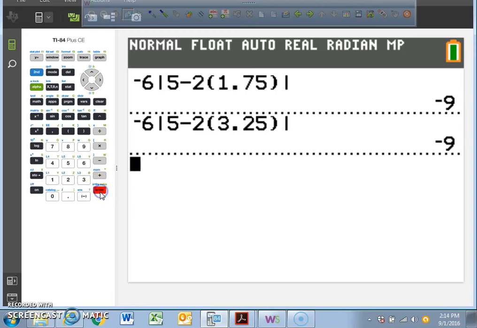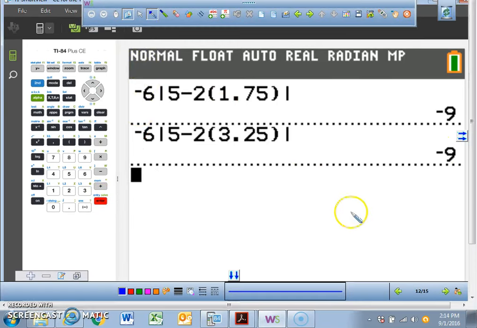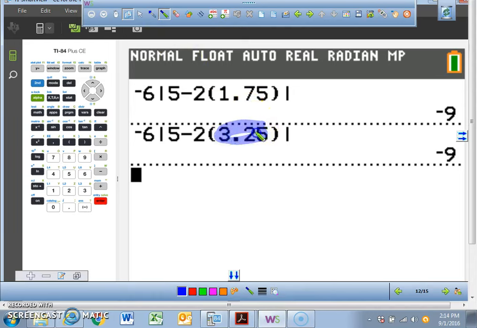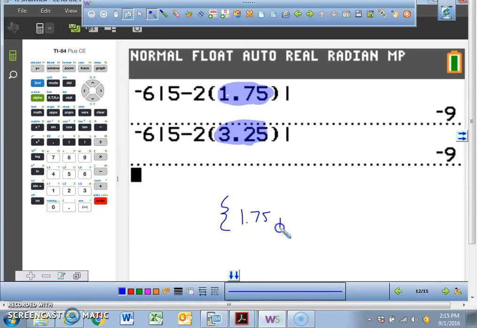Let's see what this is. Aha! So what it looks like is that the other answer to our solution also works. So since they both work, that's why I wrote the solution set as 1.75 and 3.25.